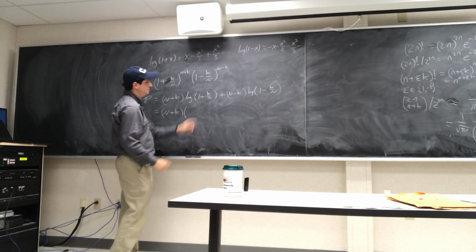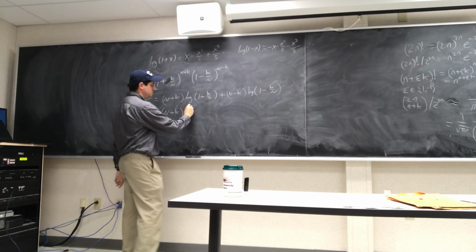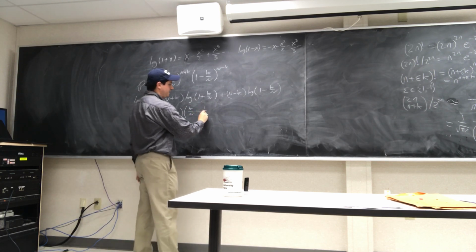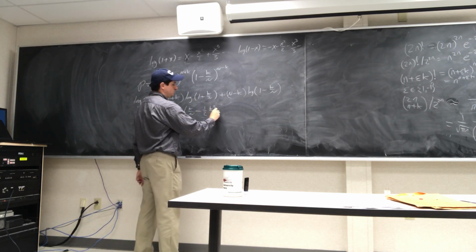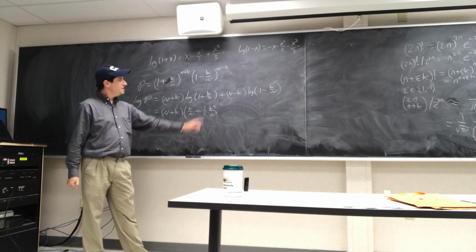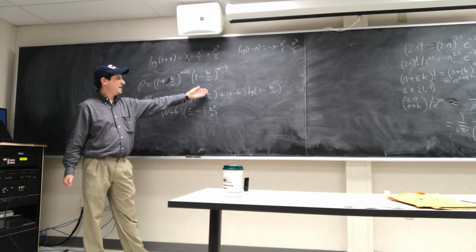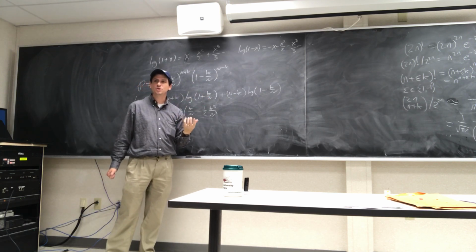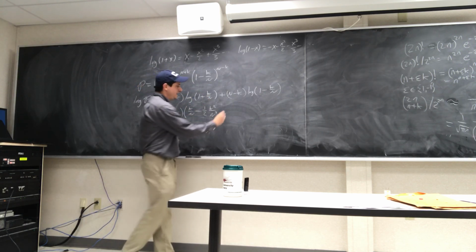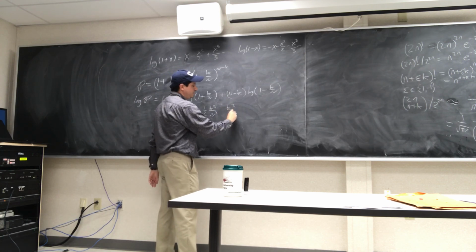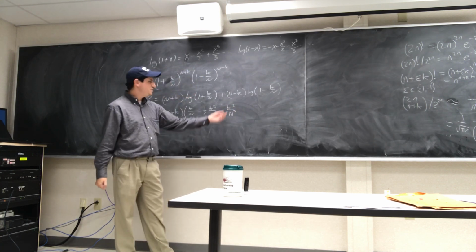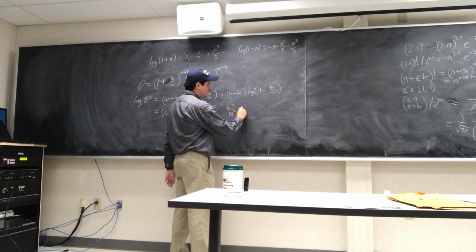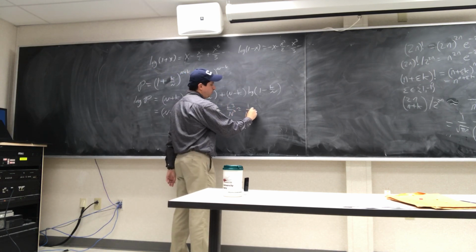So the first term I get is k over n. Then I subtract off 1/2 k²/n². In the higher terms, I'll have a k/n cubed, a k/n to the 4th. Well, but k is really not much more than square root of n. So once you have a k³/n³, this is going to be at most a little bit more than n^(3/2) upstairs. This is going to be like 1 over n^1.4.